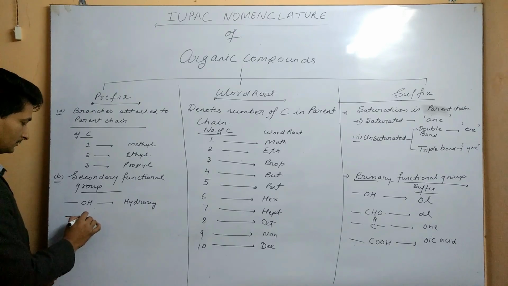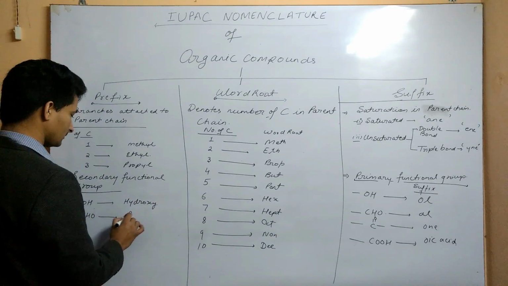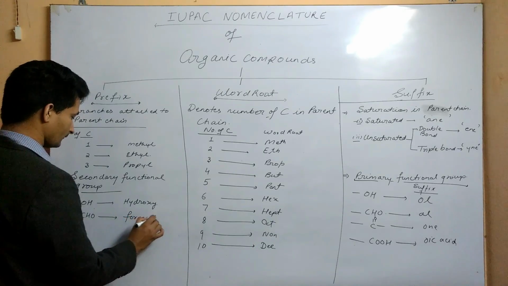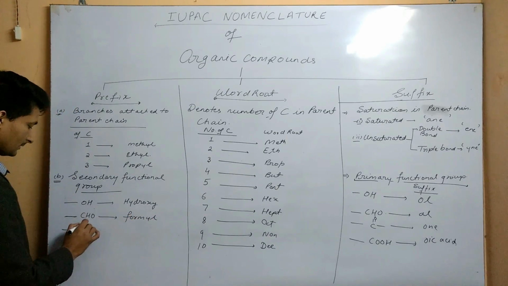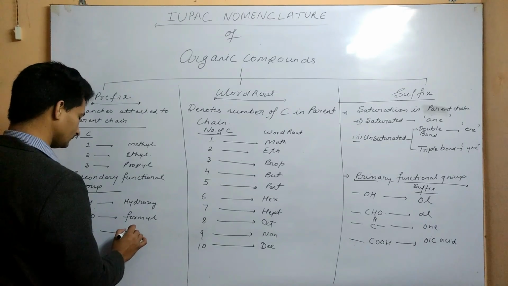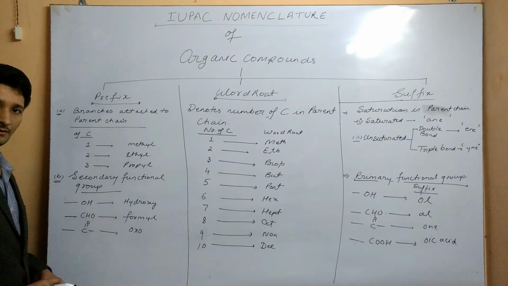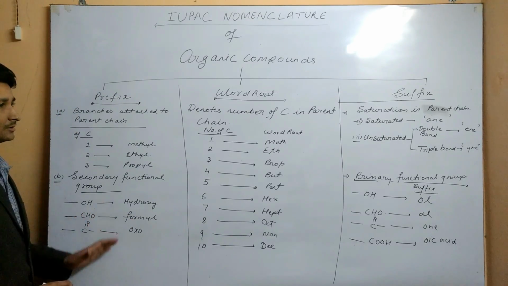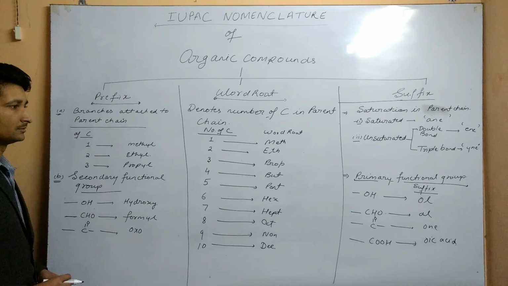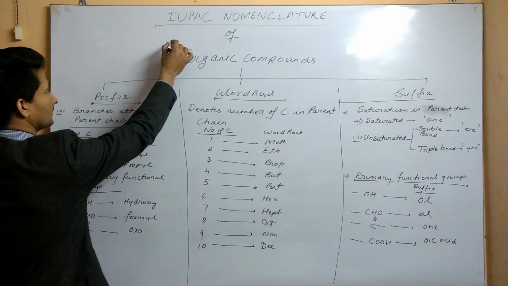For CHO, it becomes formyl. For C double bond O, it becomes oxo.